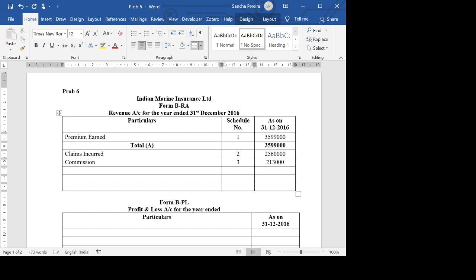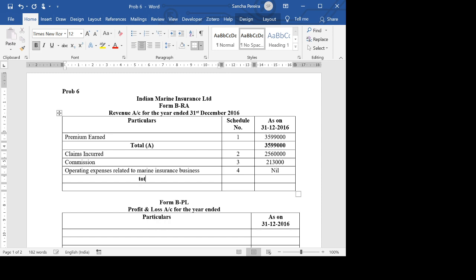And the fourth one that we have is the operating expenses related to marine insurance business. Now we don't have anything, but I still write it because it is a schedule and we have to write it in the form. So even if it is nil, I still write the amount.